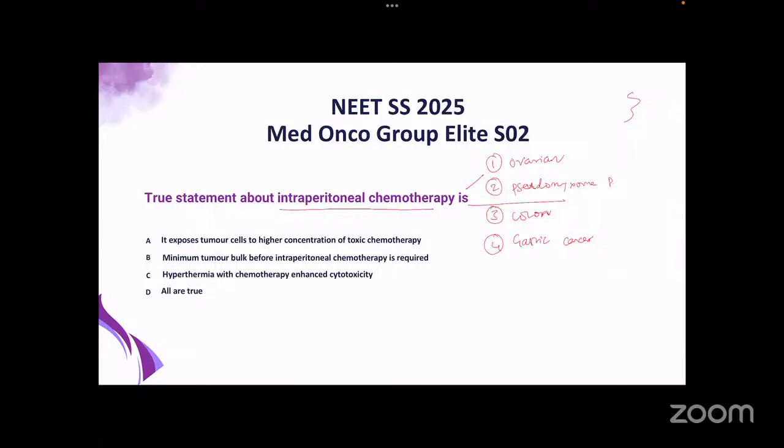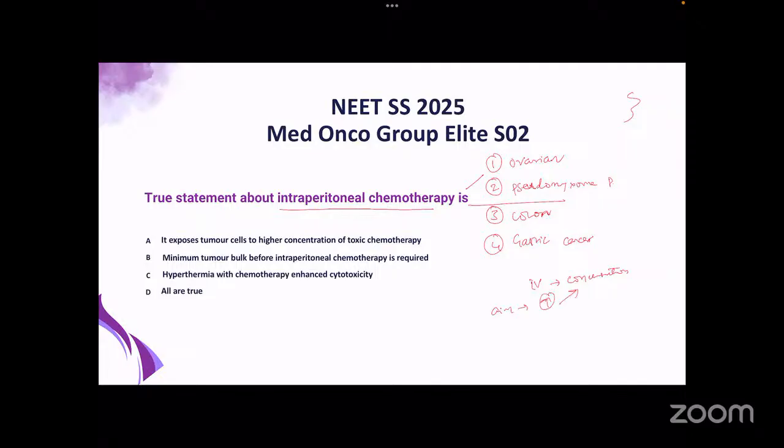So what are the things you need to know about intraperitoneal chemotherapy? See, chemotherapy is normally delivered IV, right? And it gives a certain concentration at the tissue level. But many of these cancers have peritoneal deposits, and the penetration of IV chemo into the peritoneum is less. That is the reason chemo is given directly into the peritoneal cavity, with the aim of increasing the concentration and increasing the cell kill.